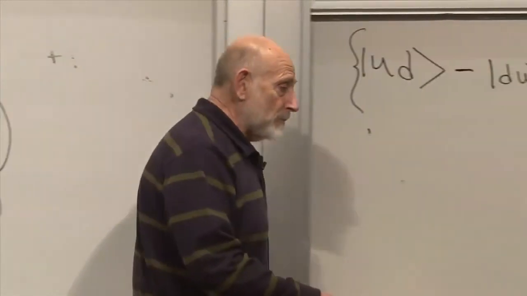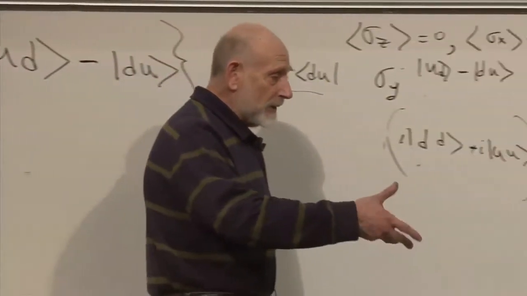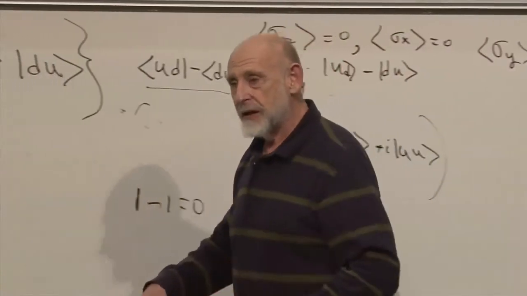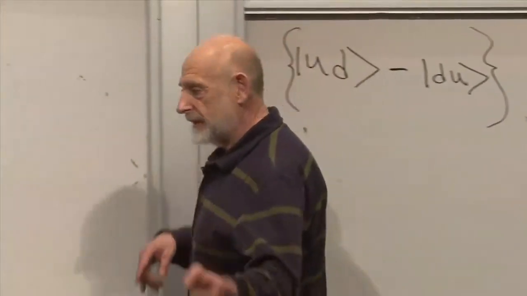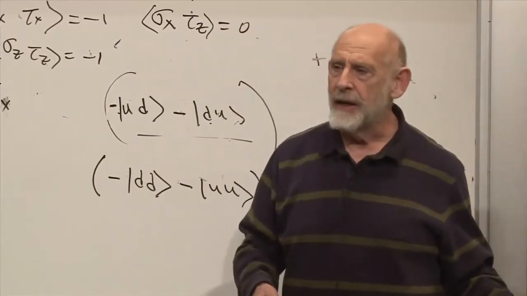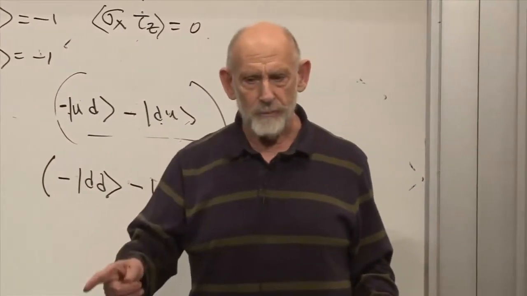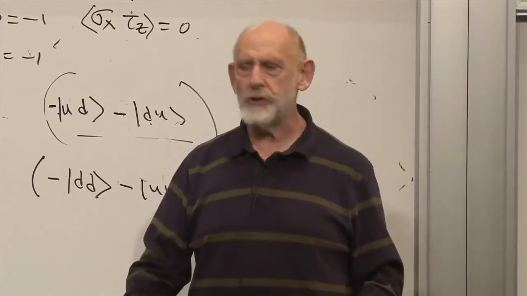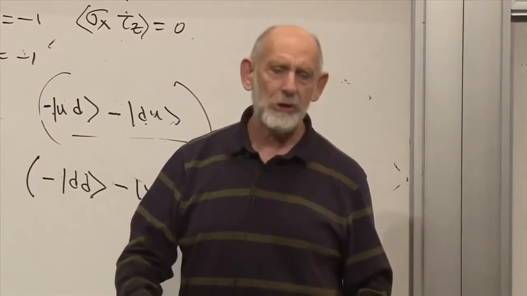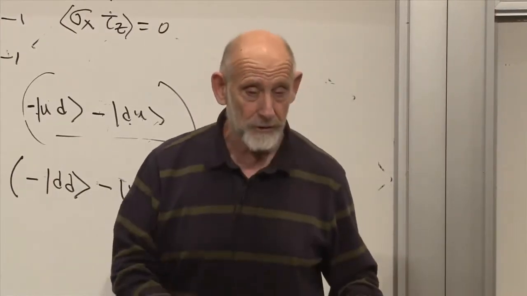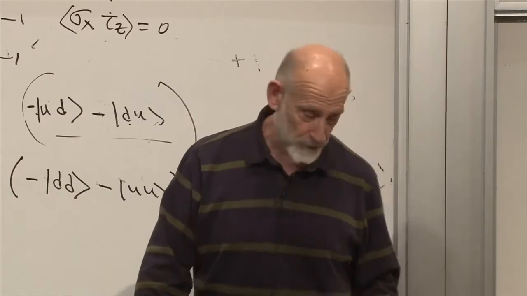Somebody who came to this computer and started playing with it and doing these experiments, rotating his apparatus in different directions, turning on magnetic fields in other directions, waiting various amounts of time, and then telling the computer, measure this or that component, would reproduce exactly quantum mechanics, at least to the extent that random number generators are possible. They're not exactly possible, but you can make pretty good random numbers.